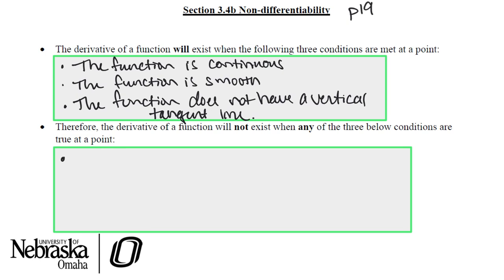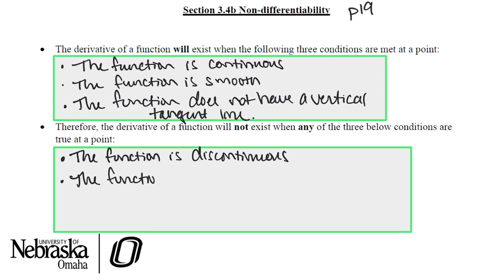Very similar to the last, except we're kind of saying the opposite. So it will not exist if the function is discontinuous. It will not exist when the function has a sharp corner. And then lastly, if the function has a vertical tangent line, the derivative will not exist.